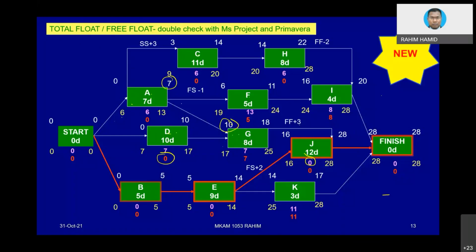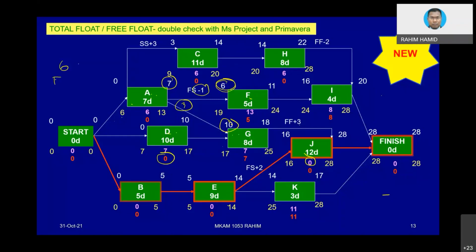As if. But then A also connects from A to F. So A to F, look at this figure, 6. But because of the -1, when you want to calculate free float, you need to consider something like this. 6 is the early start.